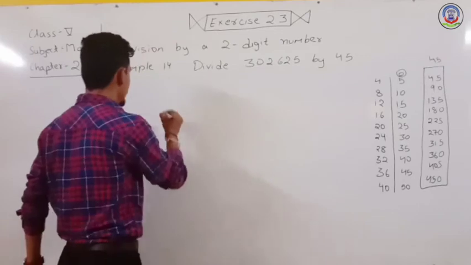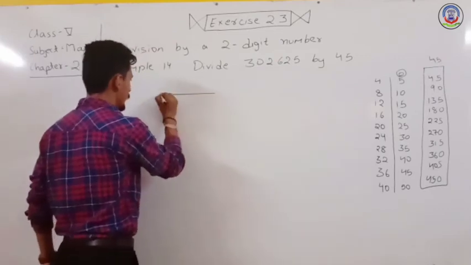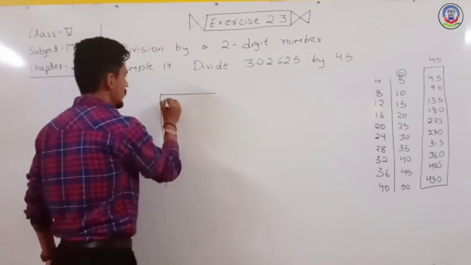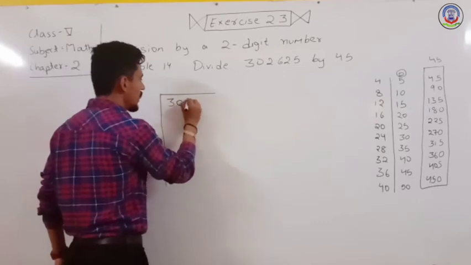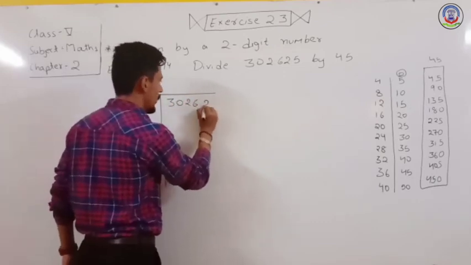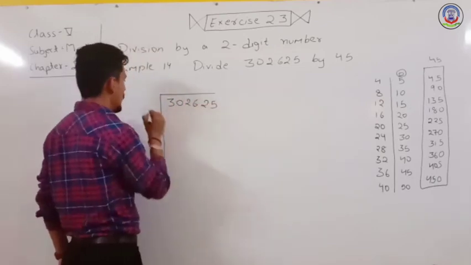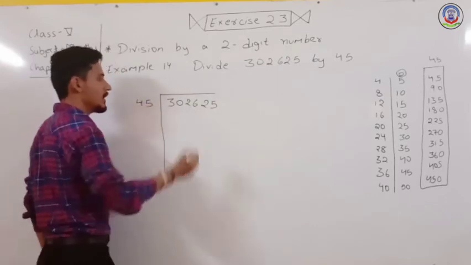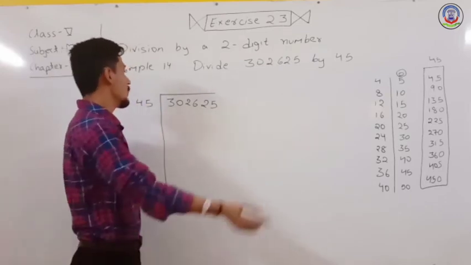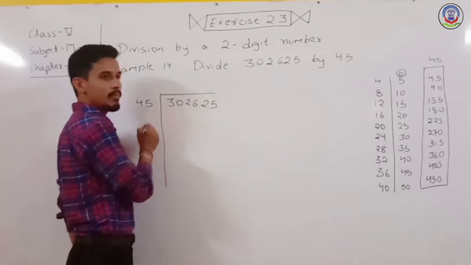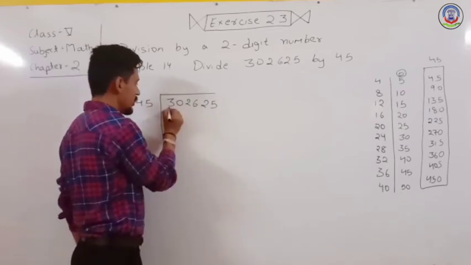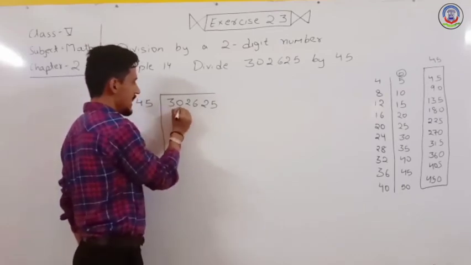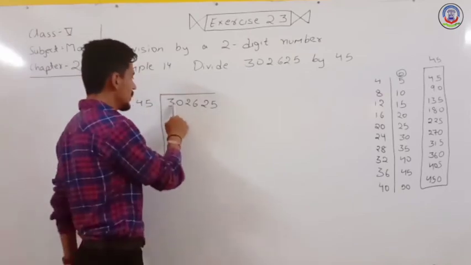So here we write 3,02,625 and here 45. Now first we start, it is a 2-digit number, so first we see 2 digits, this and this, so it is 30.